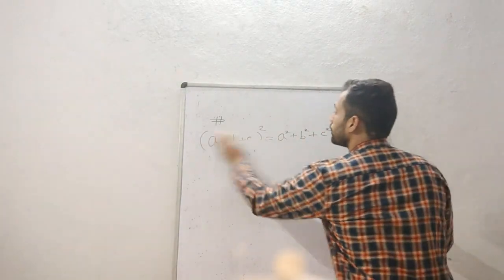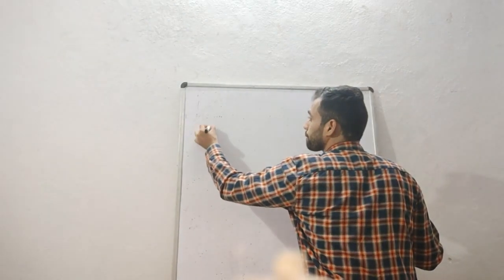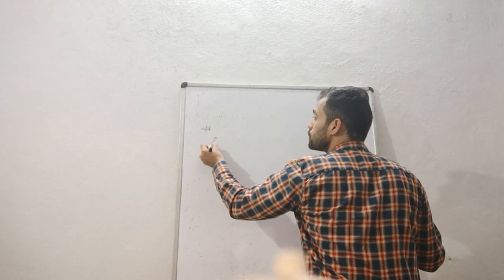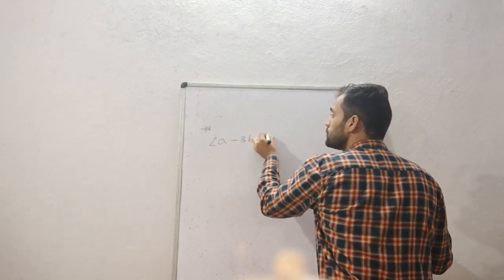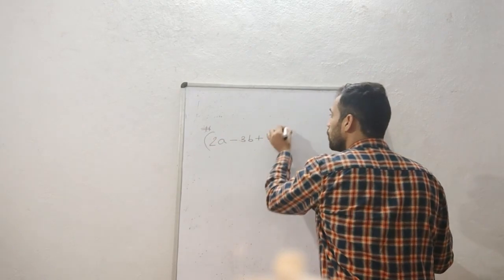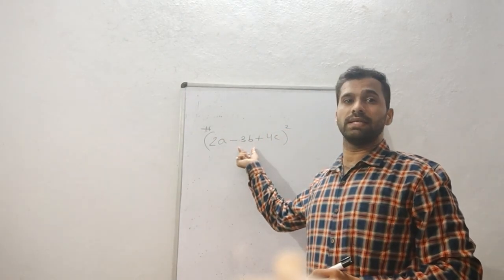See, I am going to solve a few questions related to this identity. First, I am solving: suppose we have (2a minus 3b plus 4c) whole square. See, here the second term, the b term, is in minus.